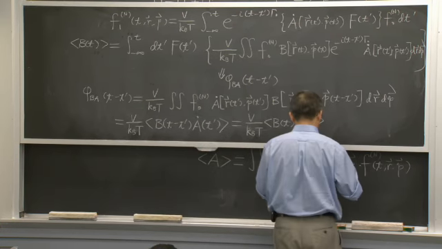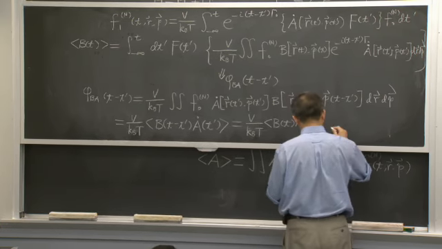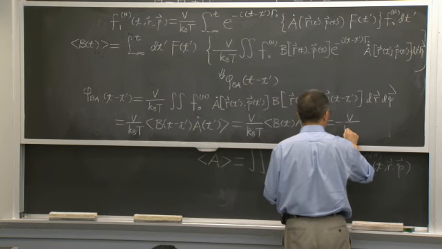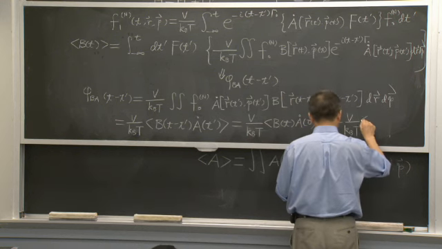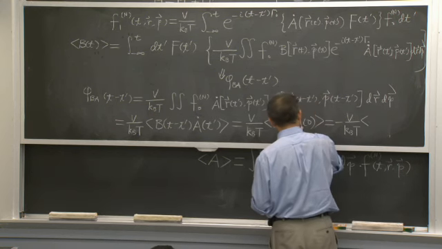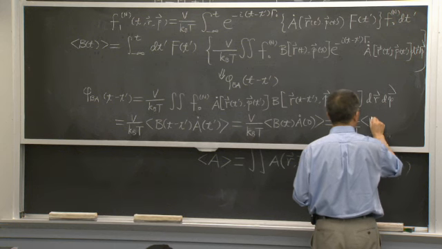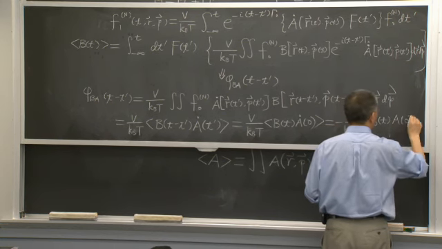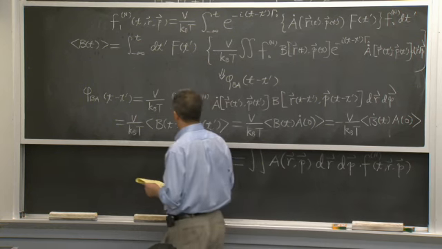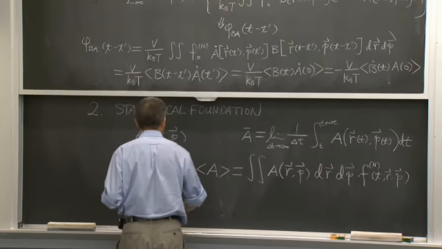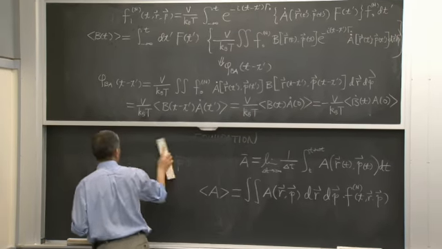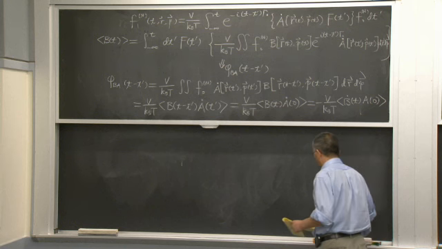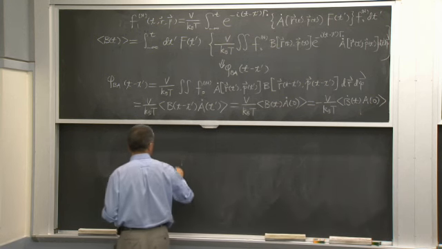And there are different ways to write it. You can write V over kBT, and rather than the derivative of A, you can write the derivative of B at time T. And this all can be proven. I'm just giving you the expression. And what it means here is all the time averaging, the ensemble averaging.